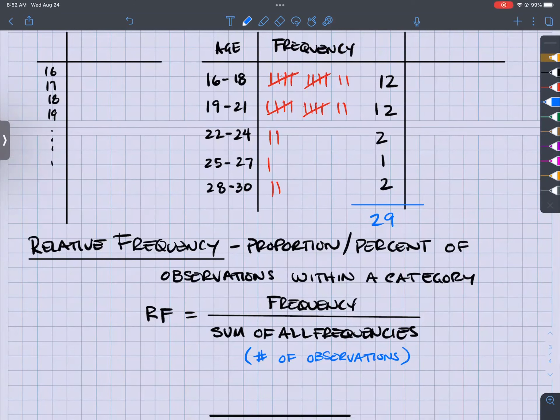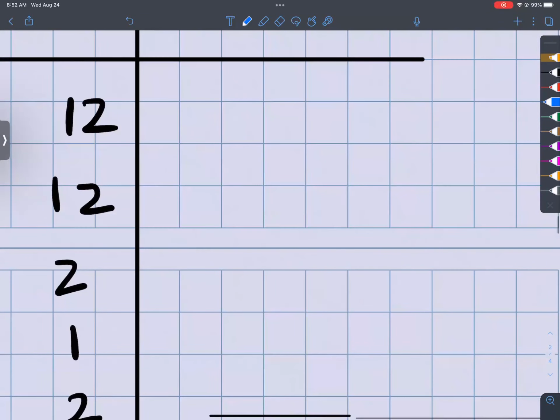So in this case, this is where things kind of get wacky, because now I have to do it separately, individually. Meaning I have to come up here and say, okay, so this RF is the 12 divided by the 29.